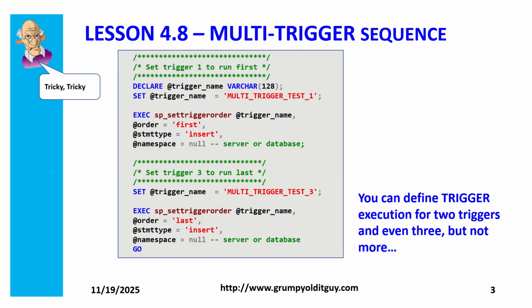And then we have another trigger, multi-trigger test 3. So we just define the order as last, and it's also insert, although it could be something else. So in this case, we're only defining the firing sequence for 2 triggers, right? Trigger test 1 and test 3. But we'll see how to do 3 triggers in our lab. So let's get right into it.